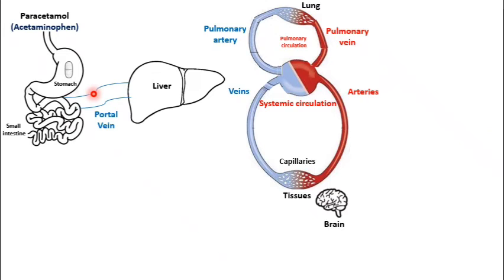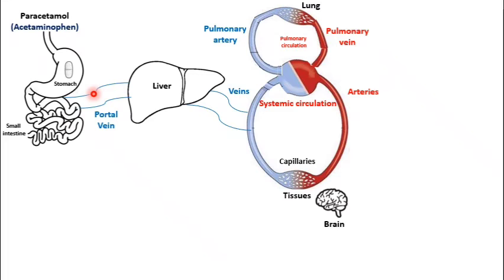So paracetamol is now in the liver. And this liver, there is a vein that drains blood from it. It's called the hepatic vein. This vein carries the blood from the liver to the heart.